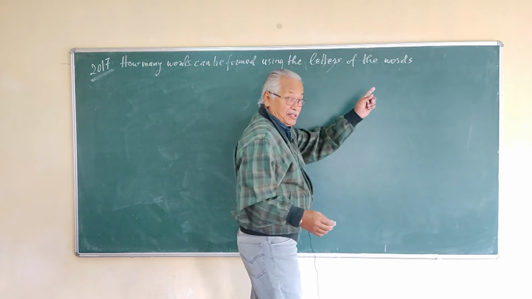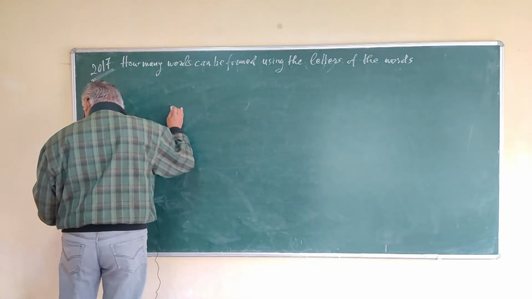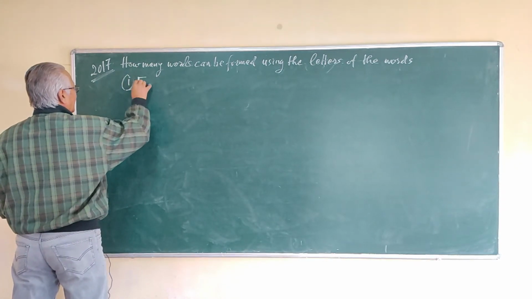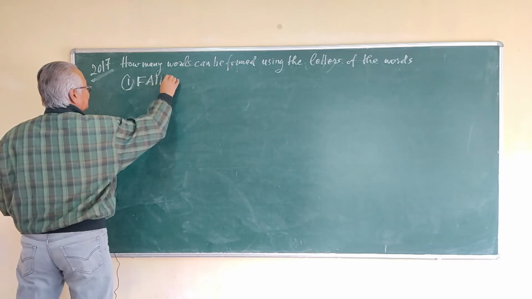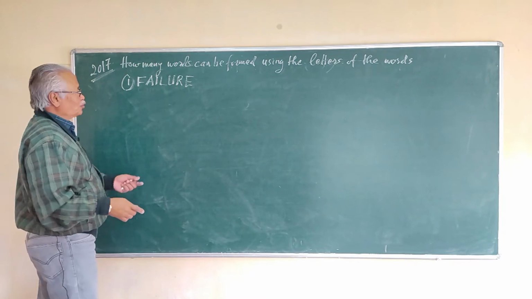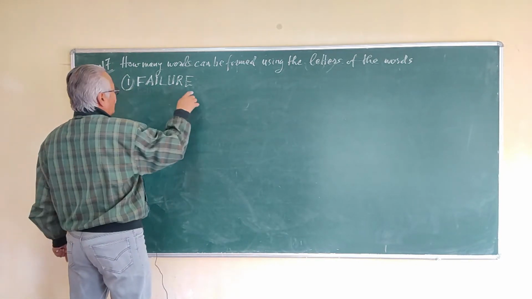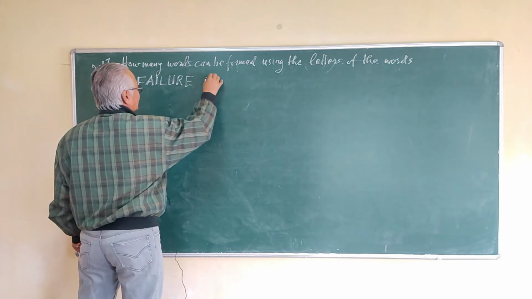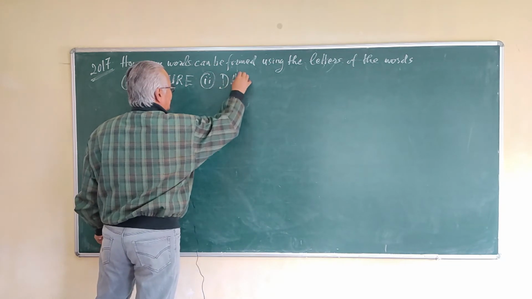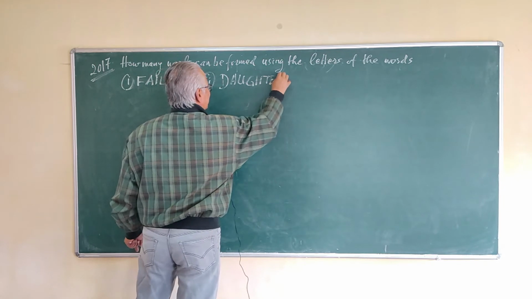I have written words because there are two words they have given. One is failure. Of course, you should be away from this. You should come to success. So one is failure, and two, another one given to you was daughter, D-A-U-G-H-T-E-R. Is that right?